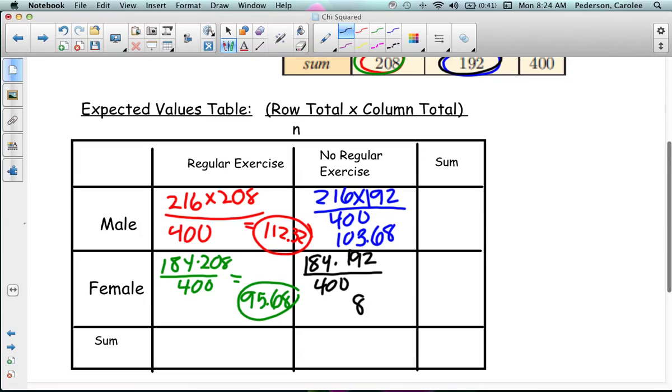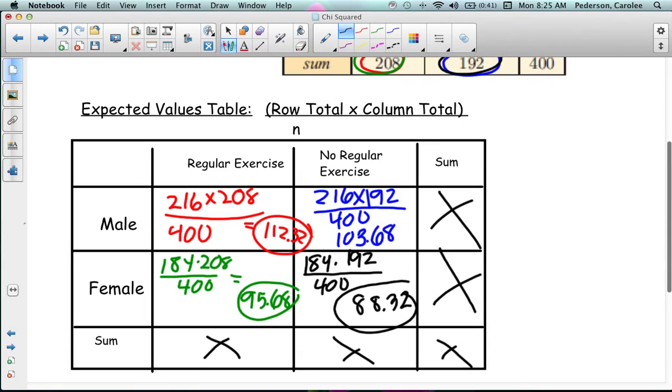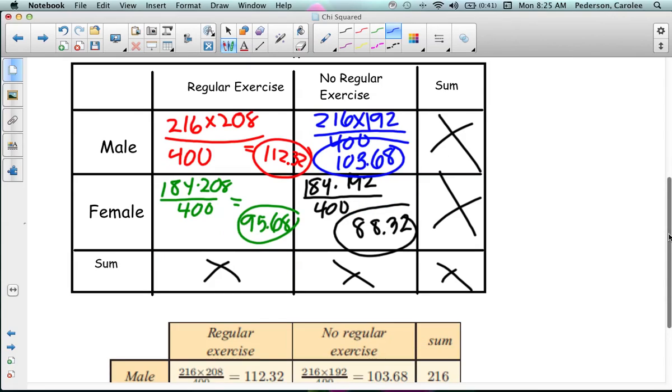And we get 88.32. We don't care about these boxes. We just want these 4 circled numbers. These are what we call our expected values.